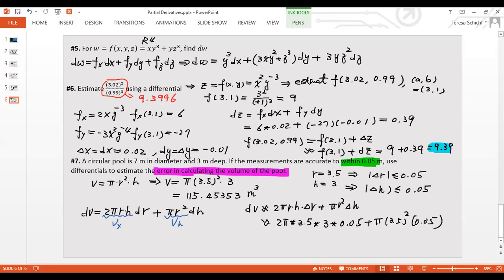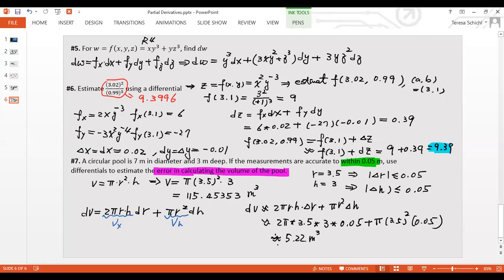If you calculate that, the value will be 5.22 meters cubed. So dV is 5.22 meters cubed.